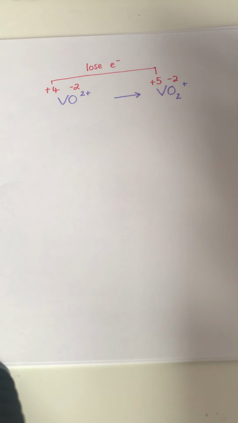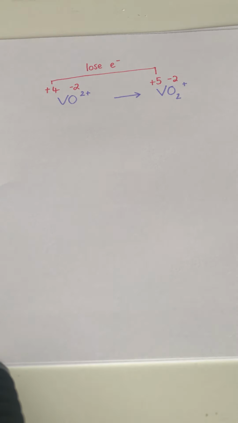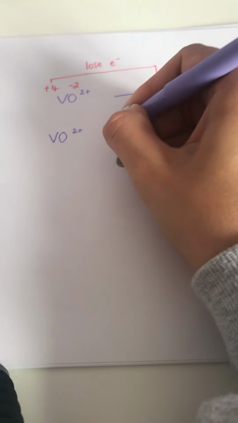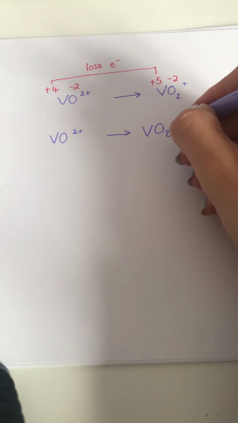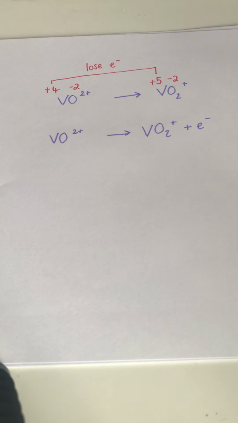So the next thing I'm going to need to do is have a look at where my electrons will go. Well, if I was to rewrite this, I've now got VO2+ to VO2+, and my electron is going to go on the right-hand side because it's been lost.